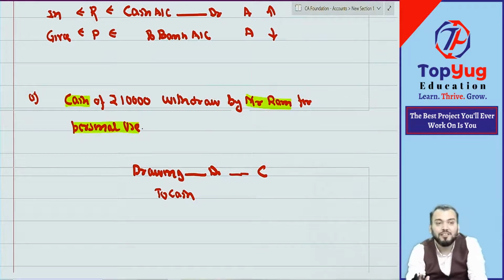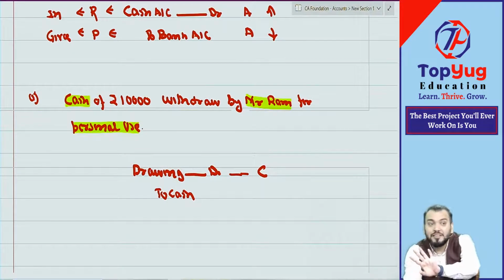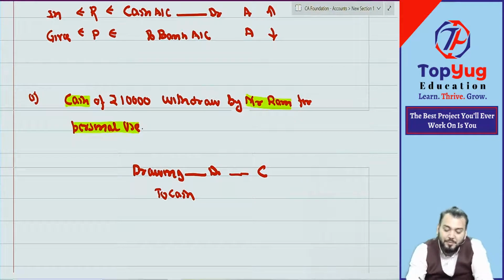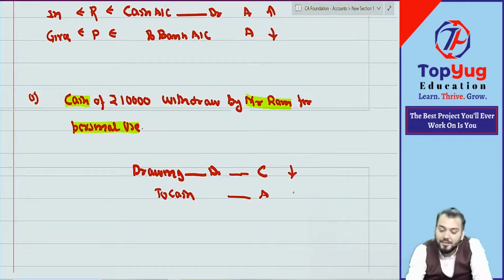It is capital only, but negative capital. Understood? The drawing means what? Capital. But which capital? Decreasing capital. Cash is what? But here capital is increasing or decreasing? So decreasing capital will be what? Debited. And decrease in asset will be what? Credited.